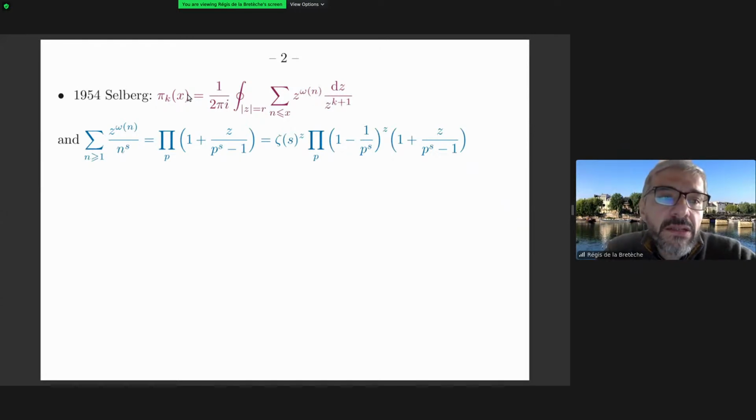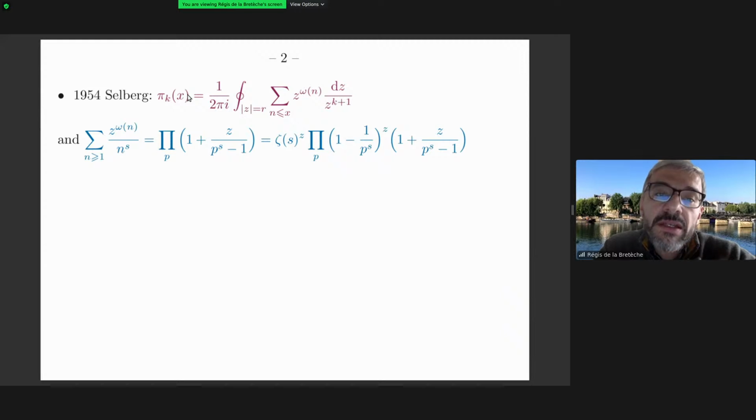So he remarked that P_k of x is a coefficient of the sum over n less than x of z to the power omega of n. So the kth coefficient.